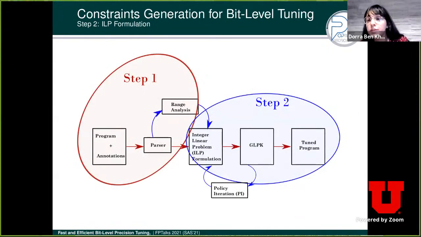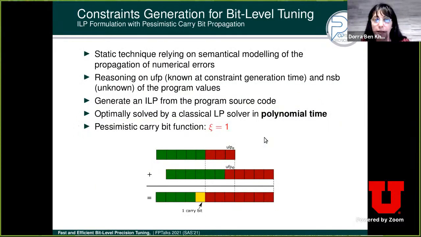I move now to the key step of POP, in which we formulate the precision tuning problem into an ILP problem. In fact, POP is based on a static technique which relies on a semantical modeling of the propagation of the numerical errors.